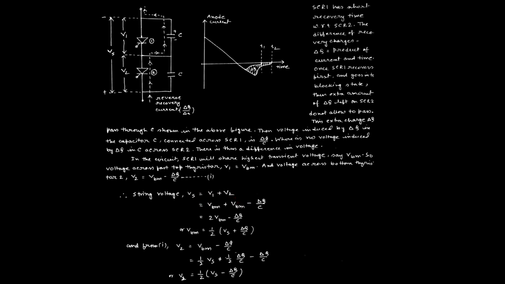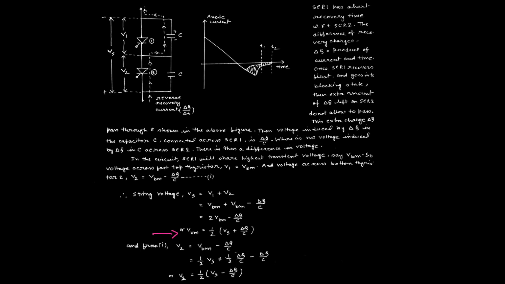From the above discussion, V1 equals VBM and V2 equals VBM minus del Q by C. That means Vs equals 2VBM minus del Q by C. After simplification, we get VBM equals 1 by 2 Vs plus del Q by C.